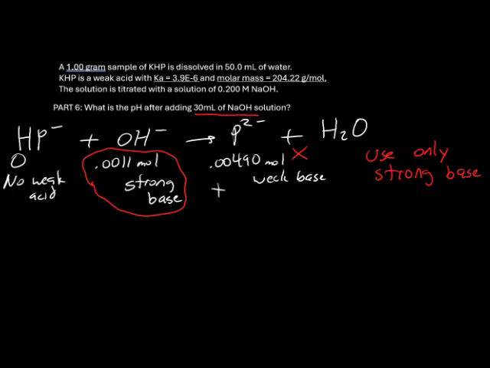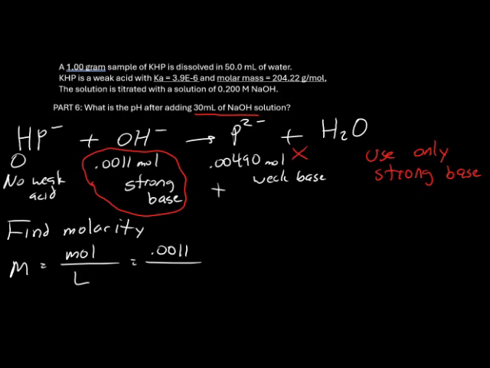In order to find the pH, we'll first find the molarity of the strong base. The molarity of the strong base is equal to our moles divided by our liters. We already know the moles are 0.0011 moles. In order to get the liters, we can look at the question's volumes, and we'll notice that we started with 50 milliliters of water and added an additional 30 milliliters of NaOH.